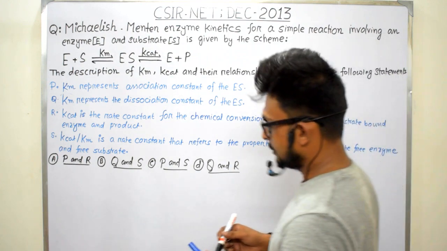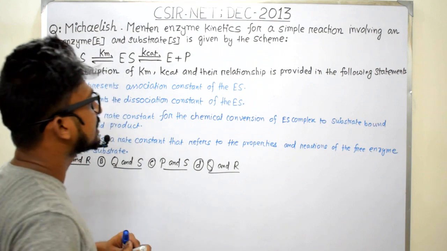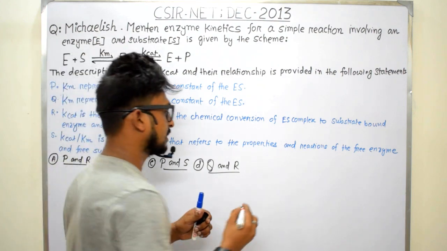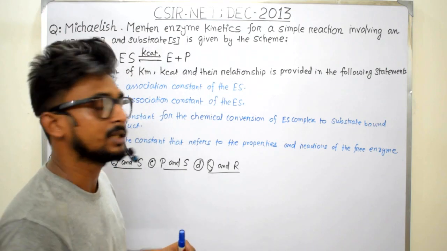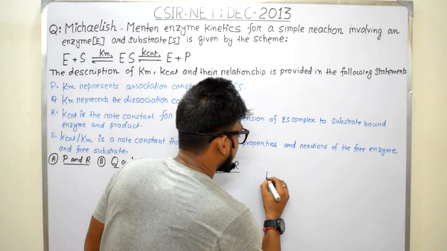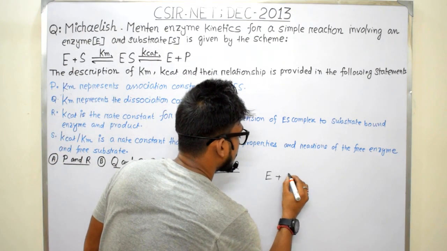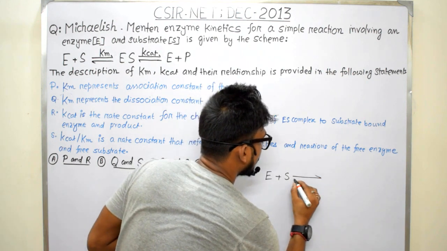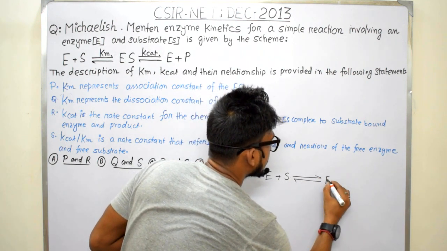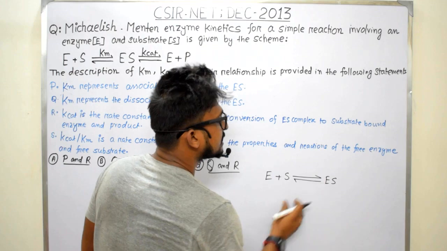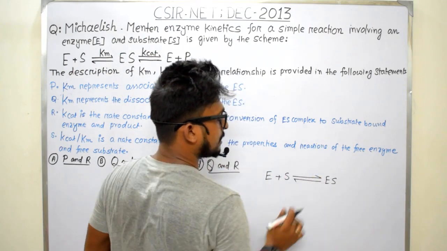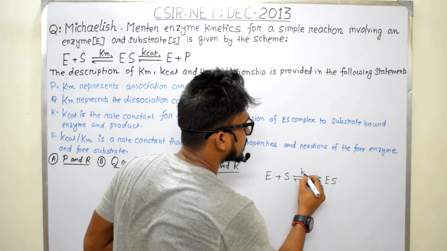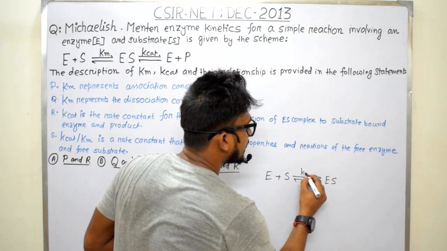So let's see that. To conclude the answer, let me start with the common reaction that we took when we derived the Michaelis-Menten equation. That was enzyme plus substrate, which forms the enzyme substrate complex, and this is a reversible reaction. Here this is the forward reaction, and the rate of the forward reaction is determined by lowercase k plus 1.